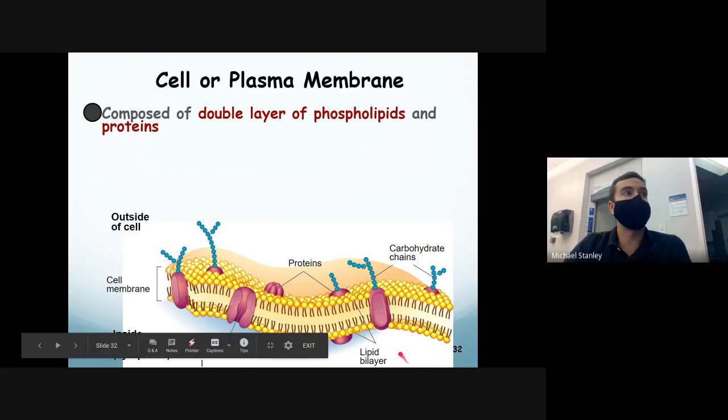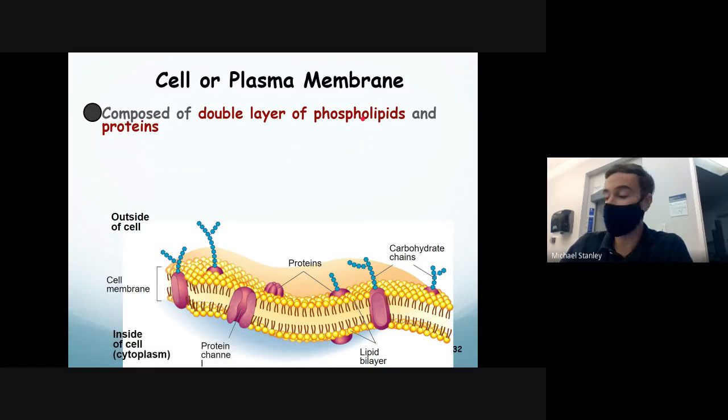Sometimes you'll see it referred to as a lipid bilayer or a phospholipid bilayer, which is really just a fancy way of saying two layers of lipids. So remember, lipids are one of our macromolecules. They're made out of fatty acids.